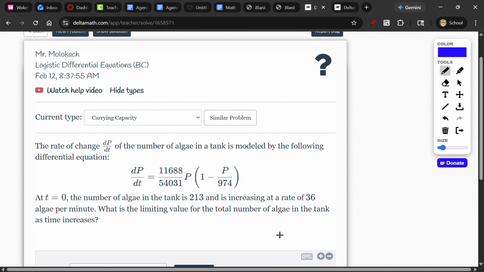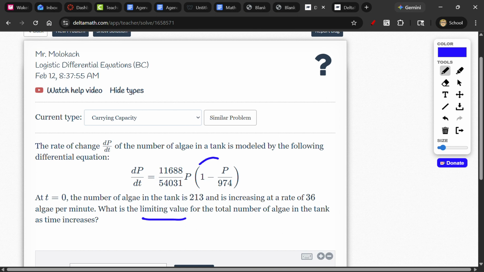So remember, if P is equal to 0, if there's no population, then we have no growth, right? But at the carrying capacity, we also have no growth, right? So in the beginning of P, we have a slope of 0, but at the carrying capacity, where P is equal to A, we also have a slope of 0, right?